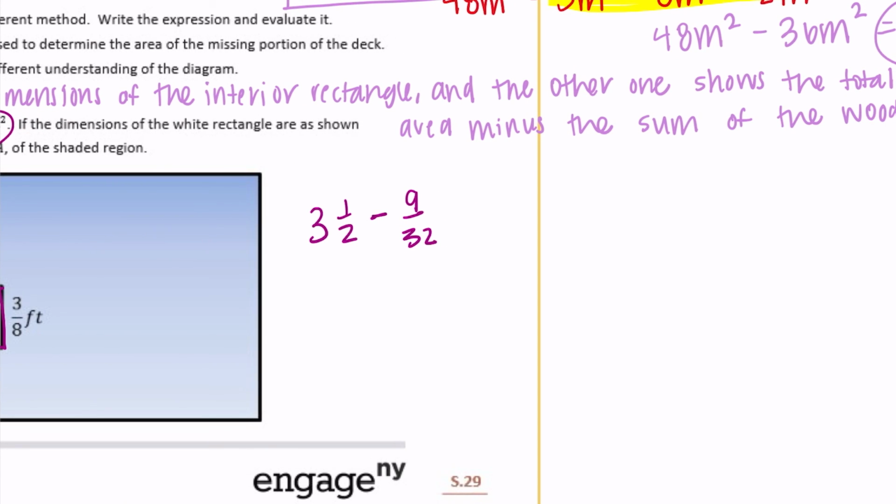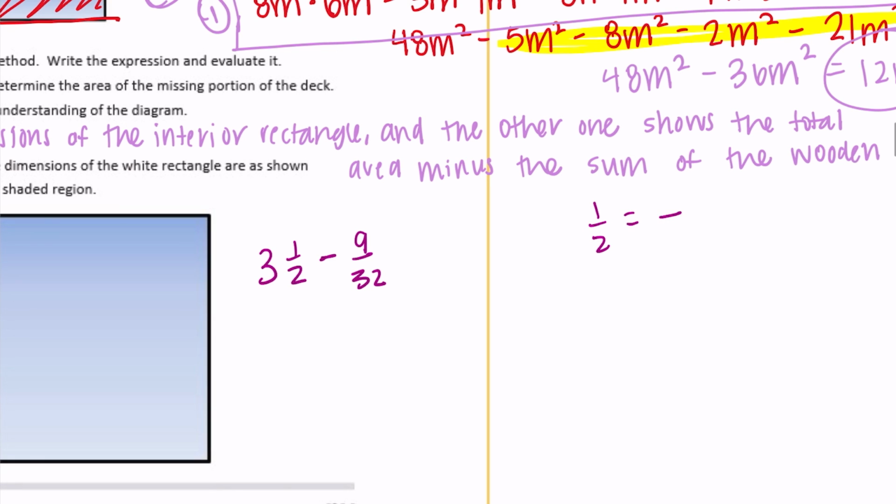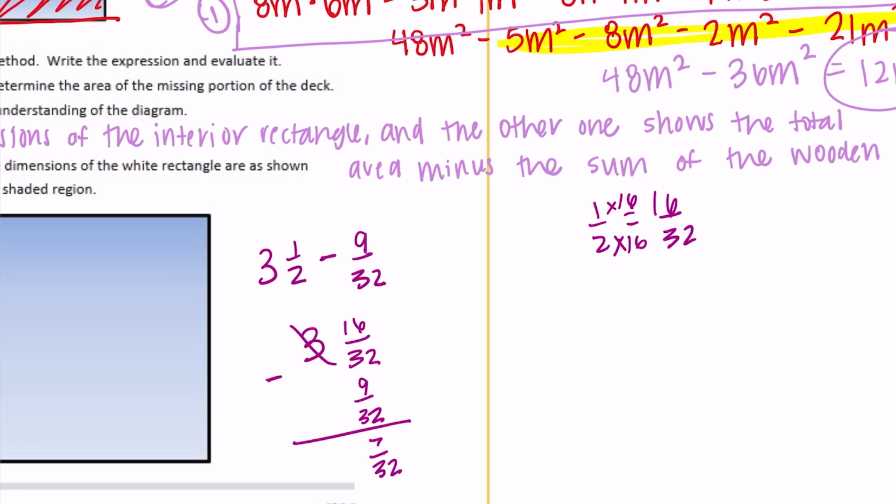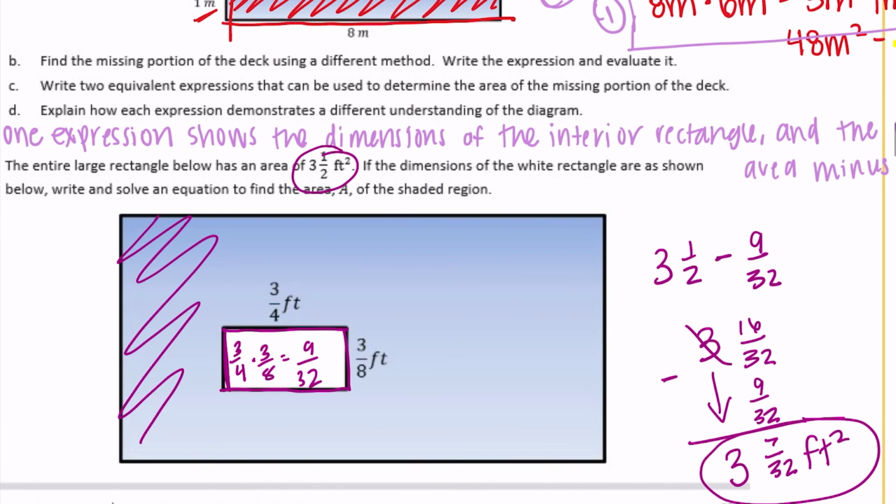That would be 32. 1/2 is equal to how many 32nds? 2 times 16 would be 32. So we have 3 and 16/32 minus 9/32. So 16/32 minus 9/32 would be 7/32. And we're just going to bring down the 3. So we get 3 and 7/32 feet squared as the area of the shaded part around the outside.